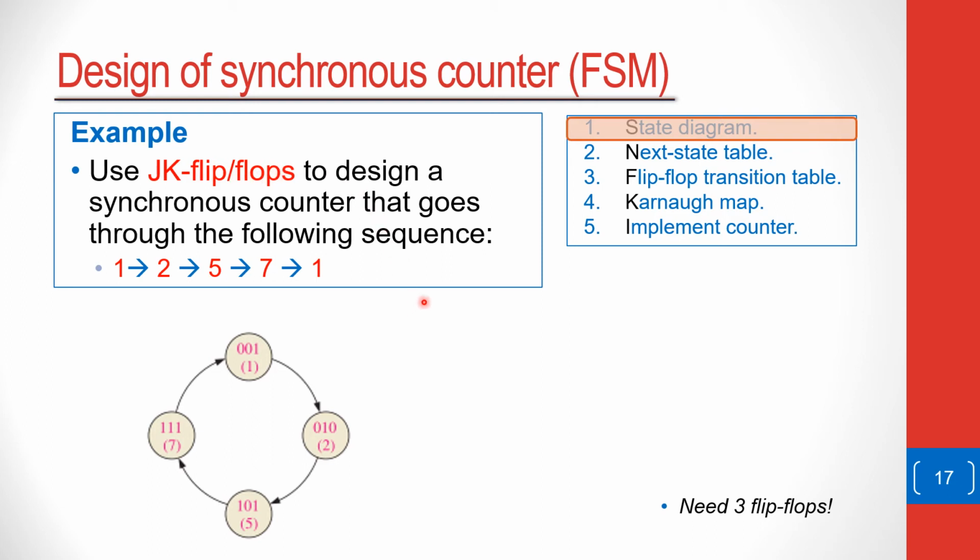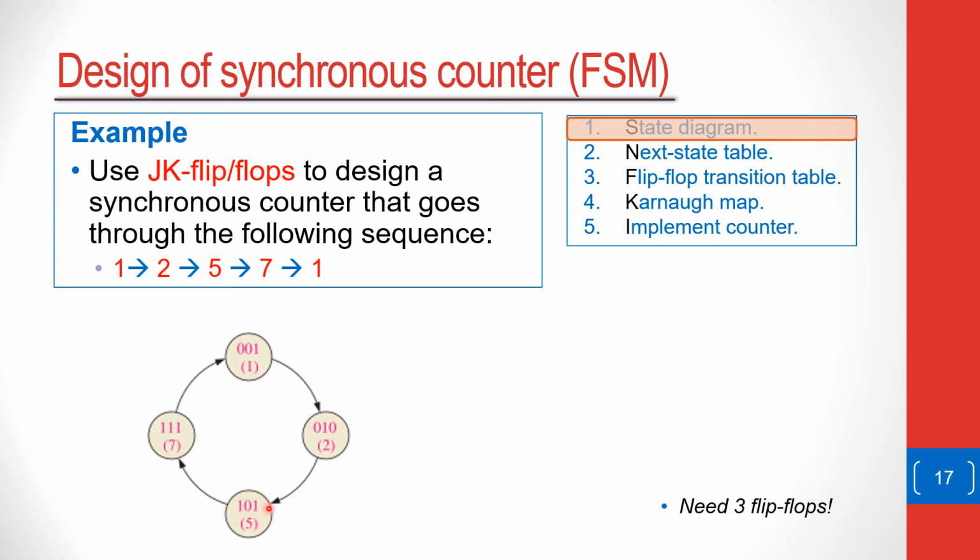So the first step, as we did with D flip-flops, becomes drawing up the state diagram, and the step becomes identical in the sense that we write binary code for all of these four states. The 1 becomes 001, and then we have 2, which is 010. 5 is 101.